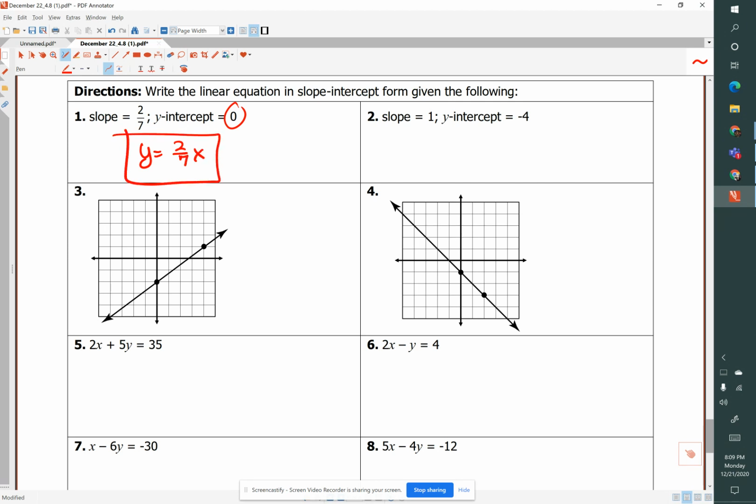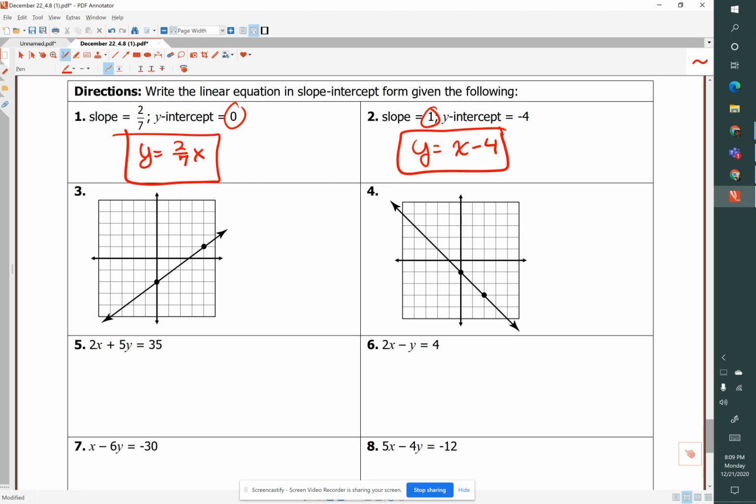That's it. Number 2, we're given the slope of 1 and a y-intercept of -4. So here, y equals x. This is an invisible 1. We don't write it. We never write 1x. We just write x. So it's x minus 4. So our b value is -4. And that's it.